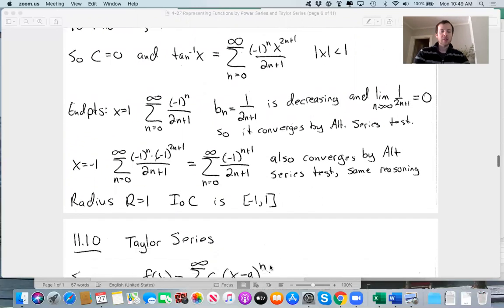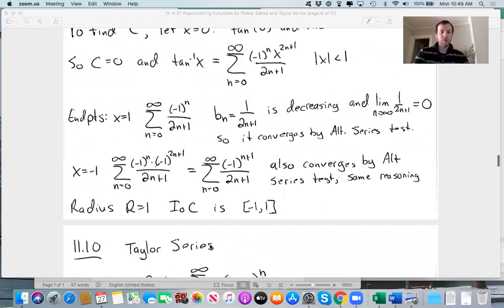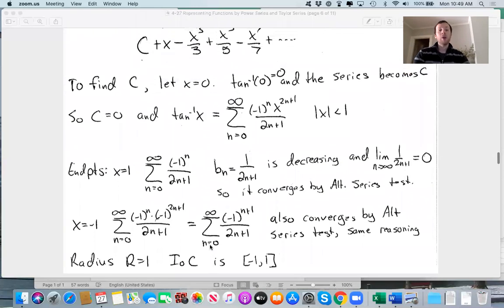So the last topic is Taylor series, which I won't start now. But what I do want to say is this fact gives us access to computing new sums of series.